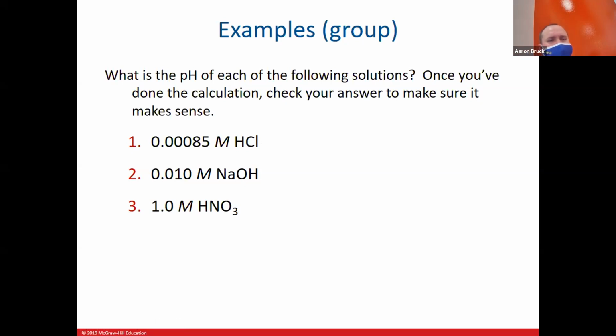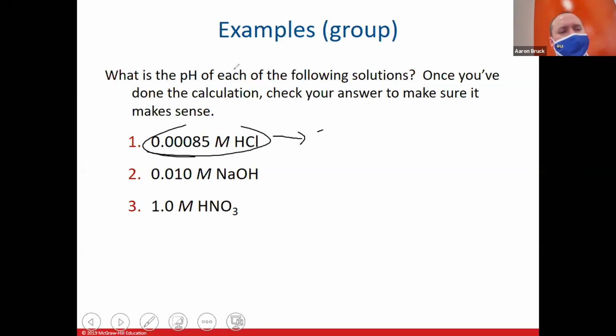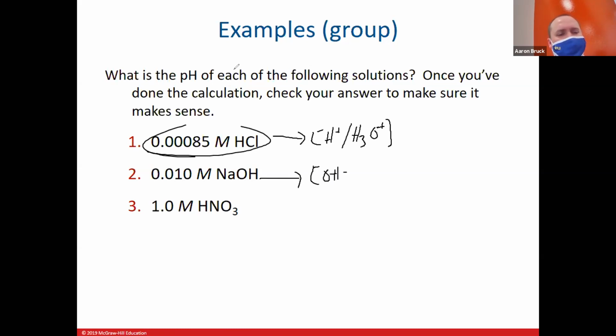Okay, before I set you loose on this one, what I want you to do for each of them is we have to take these concentrations and turn them either into H plus or hydronium concentrations or hydroxide concentrations.